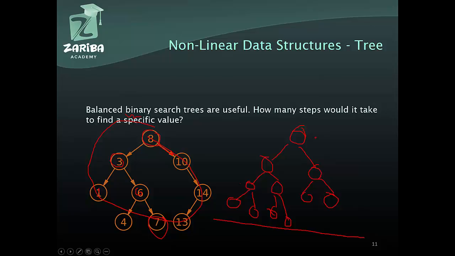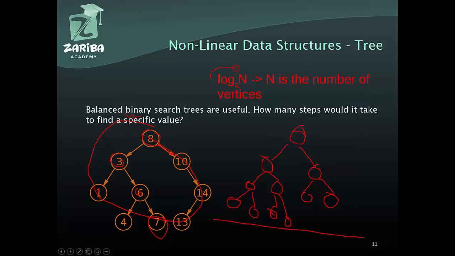Okay, so this is similar to the binary search that we did a while back, but inside a tree, searching for an element takes approximately log of n, where n is the number of vertices, which is a very, very small number. And when I say log, it is base 2, because this is a binary tree.